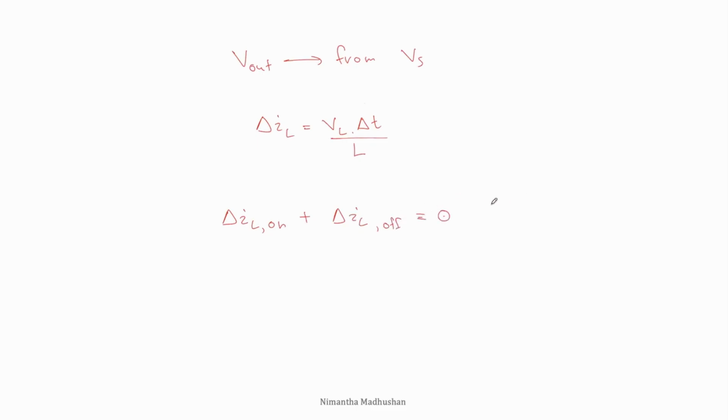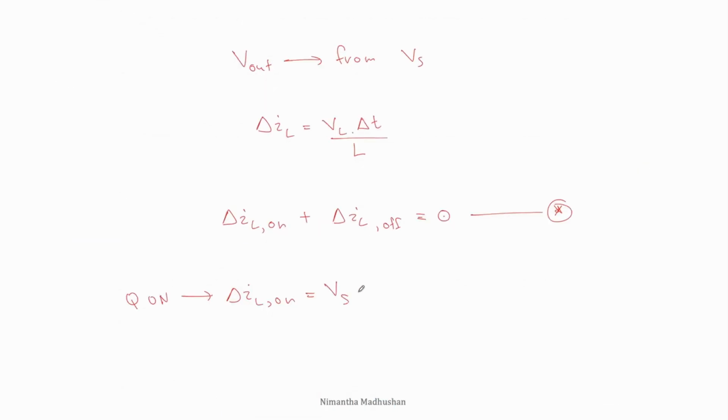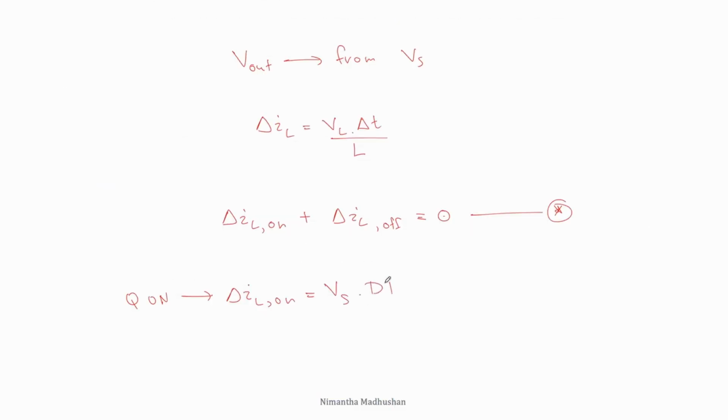From this equation, we can get the output voltage equation. For Q on, we can write delta IL on is equal to VL, which during turn on time is Vs, and delta T is dTs, over the inductor value L.